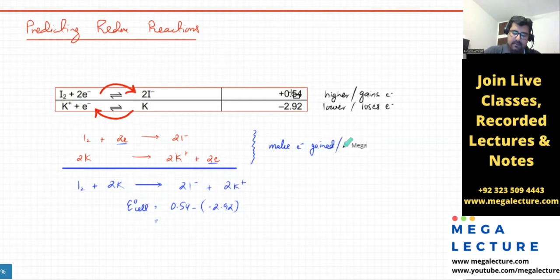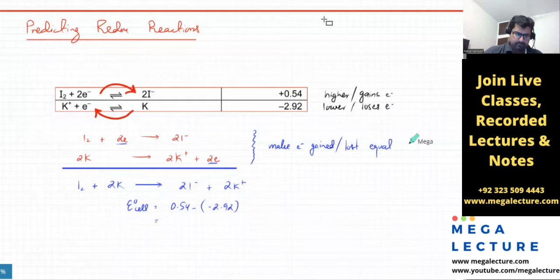One second. अच्छा 3. अच्छा getting 3.46.